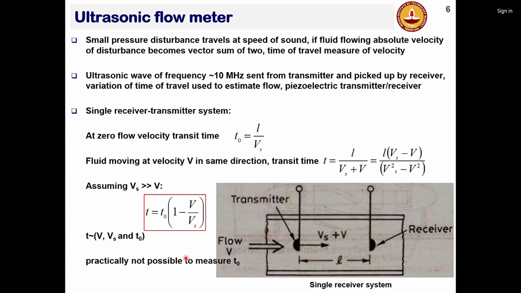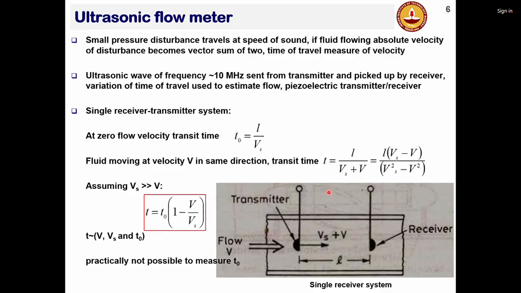Sir, I have a query. The sound wave velocity will be dependent on the medium in which the sound is being transmitted. Exactly. So suppose while the measurement is being done the temperature of the flow is changing, then the velocity of sound will vary, because density will change. In case of liquids, the sound velocity variation with temperature is not very strong.